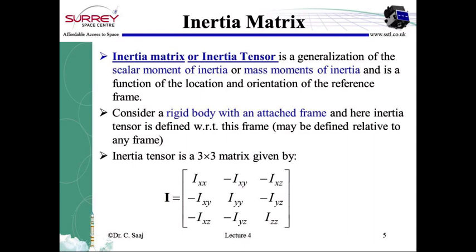On the other hand, the inertia tensor or the inertia matrix that we are using in the context of a robotic manipulator is defined with respect to any arbitrary rotation axis. Thus, the inertia matrix or inertia tensor is a generalization of the scalar moment of inertia.